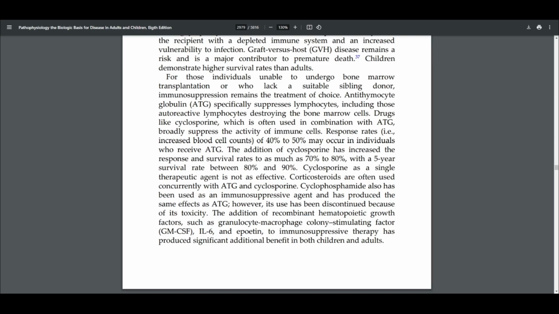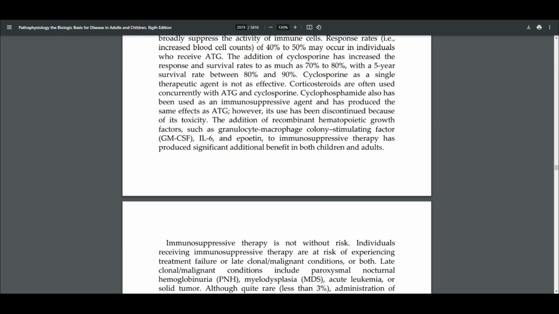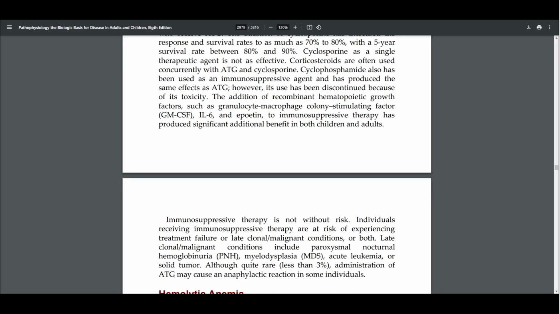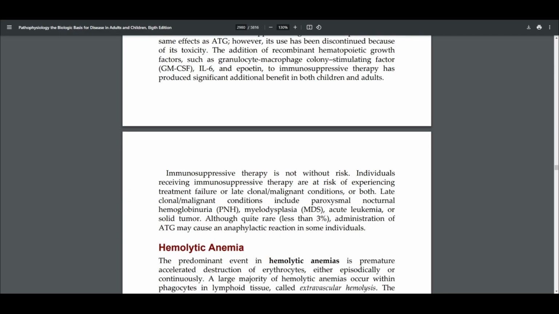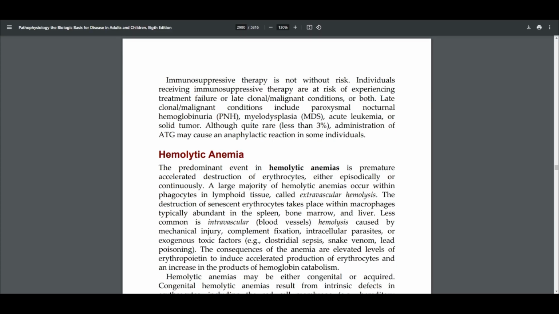The addition of recombinant hematopoietic growth factors, such as granulocyte macrophage colony stimulating factor, interleukin-6, and epoetin to immunosuppressive therapy, has produced significant additional benefit in both children and adults.